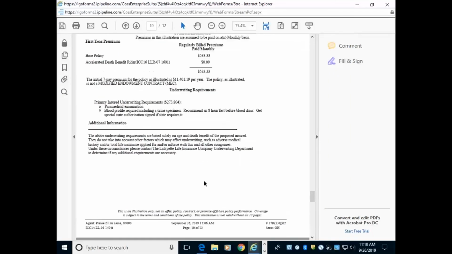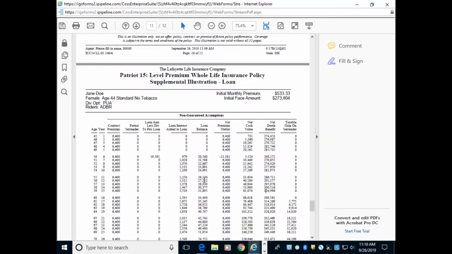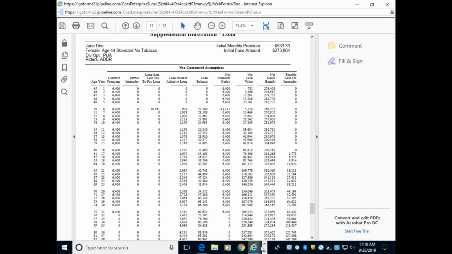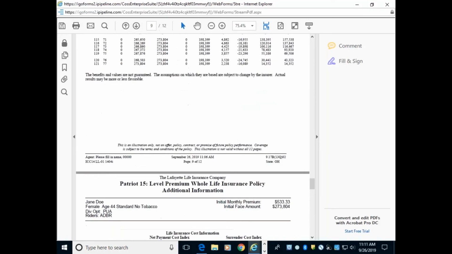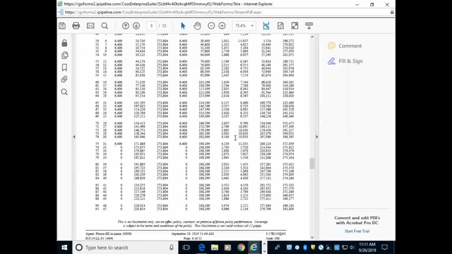The last thing that I would want to show you on this particular illustration is the fact that we're a non-direct recognition company. And that means that if your client takes a loan on their policy, the cash value will change because, of course, that's typically a loan from their cash value, but their dividend amount will not change.